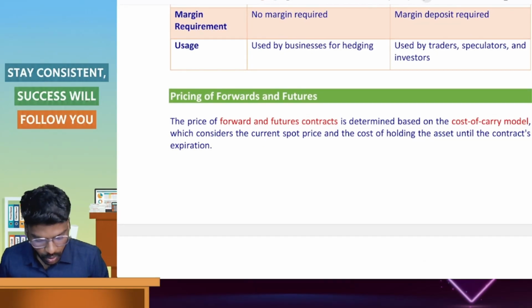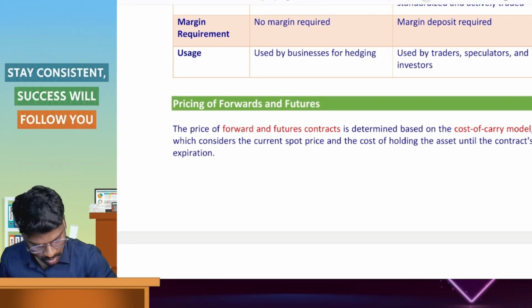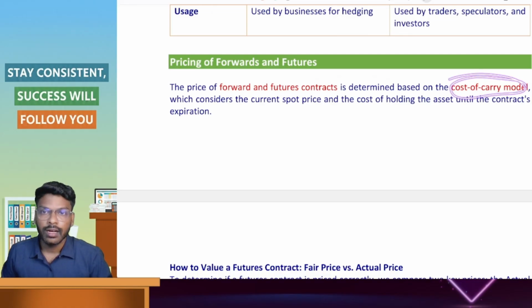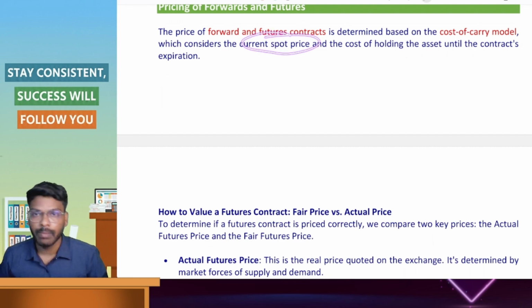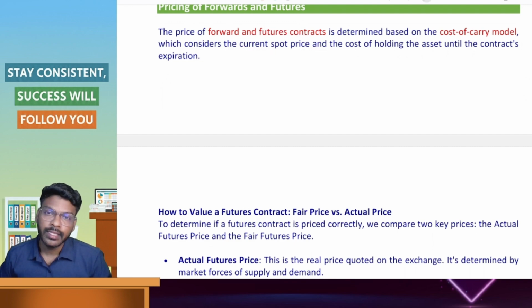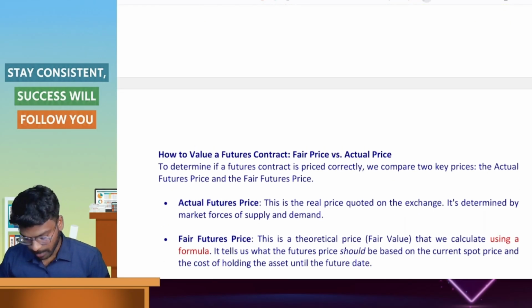While determining the price, the cost is included in the current spot price, and then a theoretical price will be computed.